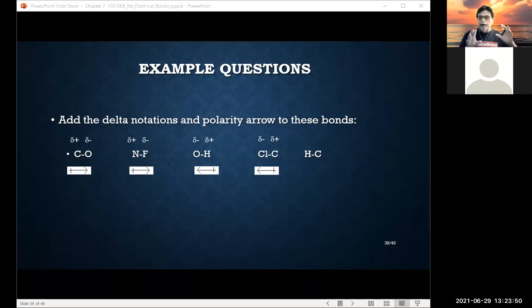No direction, because even though it's two different elements, hydrogen and carbon, and 99% of the time two different elements gives you the right answer, when it comes to carbon and hydrogen only, the electronegativity of those two is essentially the same, resulting in a nonpolar bond. Being nonpolar, there's no arrow, no partial charge, because the electrons are equally shared.